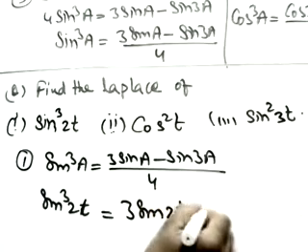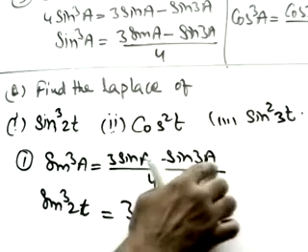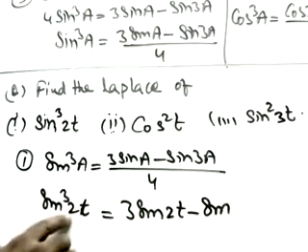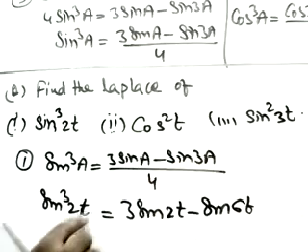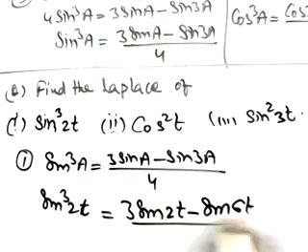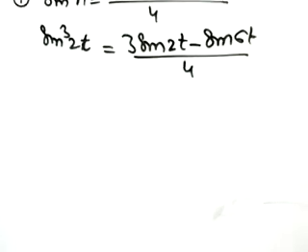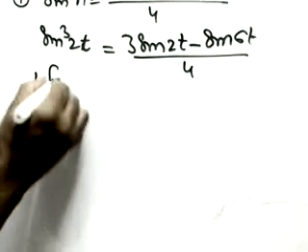In place of a, you have 2t. So this will be 3 sin 2t minus sin 3a, where a is 2t, 3 times 2 is 6, so sin 6t, divided by 4. Now we have to find the Laplace of this.